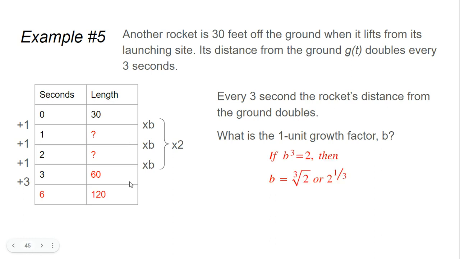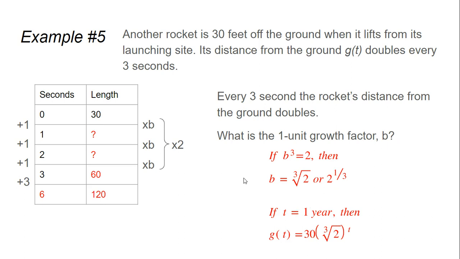So if I'm taking 30, multiplying by b, or in other words, if b times b times b is the same thing as multiplying by 2, I can take the cube root of both sides, and I see that I'm actually increasing by the third root of 2. The third root of 2 times the third root of 2 times the third root of 2 will be the same thing as multiplying by 2 every third time.